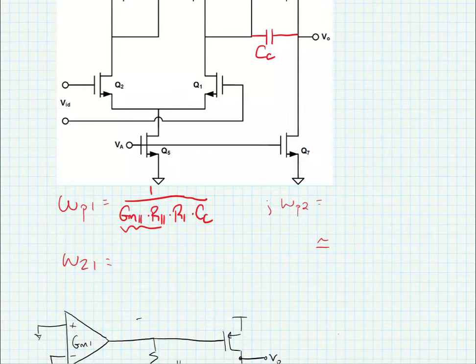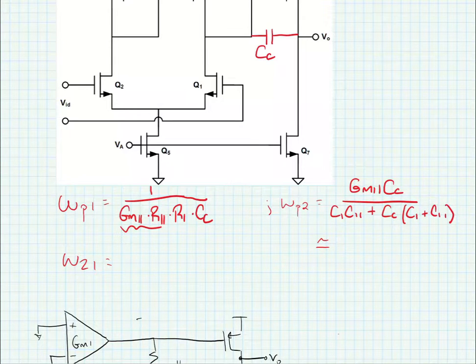Omega P2 was approximately equal to GM2 times CC divided by C1 C2 plus CC times C1 plus C2, where C1 and C2 are the capacitances at nodes 1 and 2. In other words, the capacitances of the first stage and the second stage.